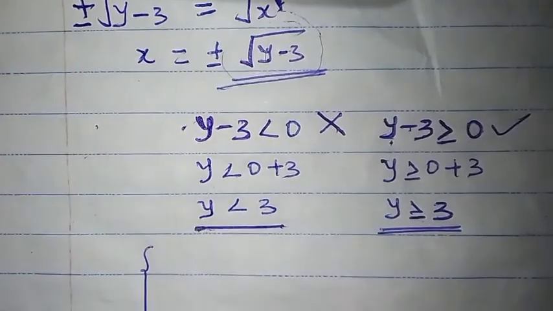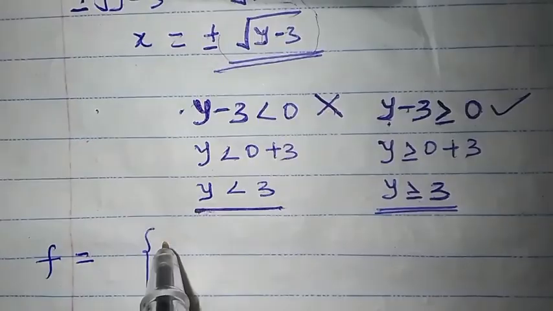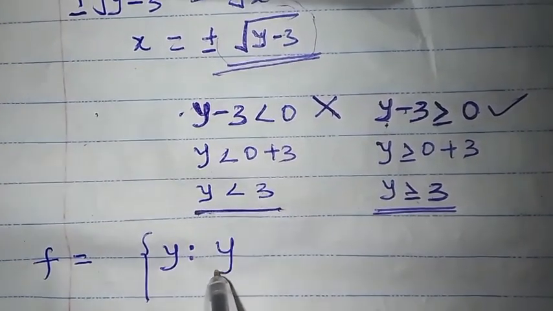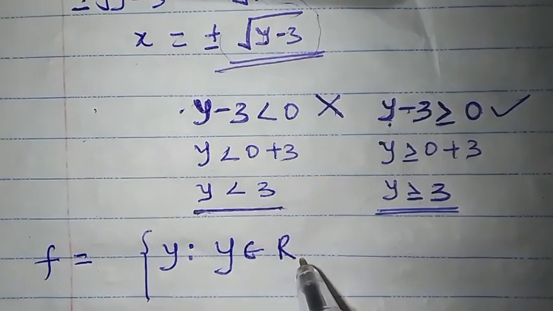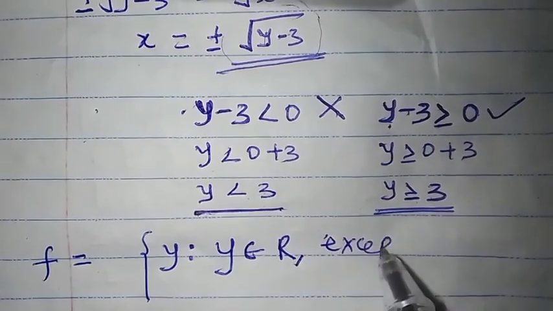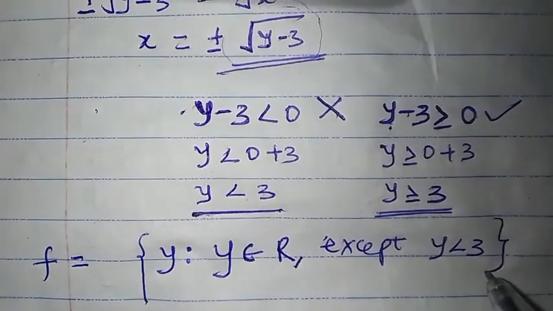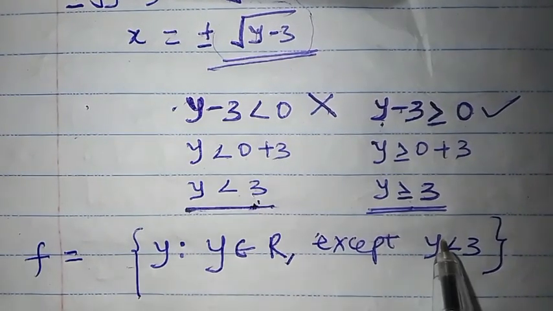The range is this. F is the set of numbers y such that y is a member of the set of real numbers, except y is less than 3. Since this makes it undefined, then I can write it in this way.